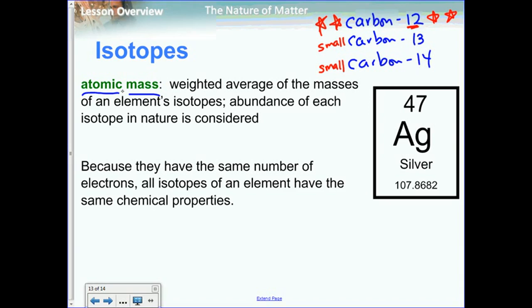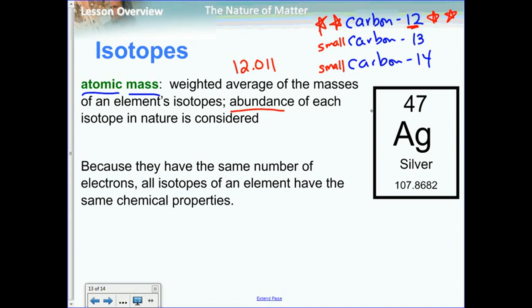So when I find the atomic mass, or the weighted average for carbon, it's actually known as 12.01. That is the average atomic mass of carbon, because the abundance of carbon 12 is so much higher than all the other isotopes.